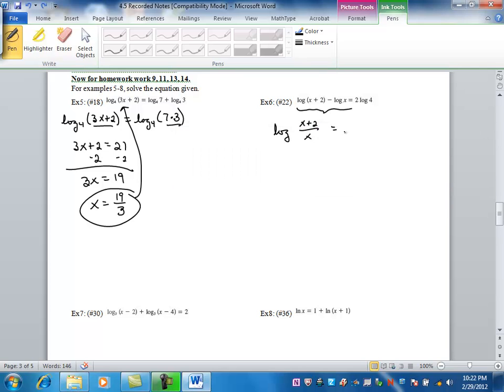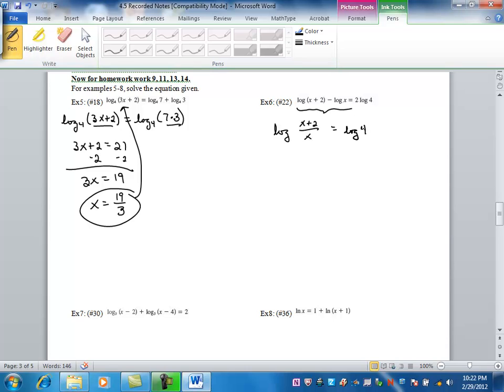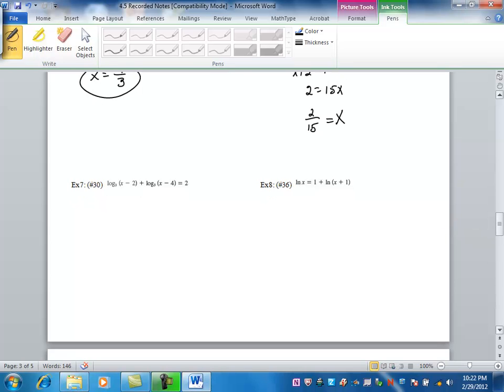And so this is going to become the log of 4 squared. And so what we've got here is x plus 2 over x equal 4 squared, which is 16. Alright, and so x plus 2 equals 16x, 2 equals 15x, and so x equals 2 over 15.